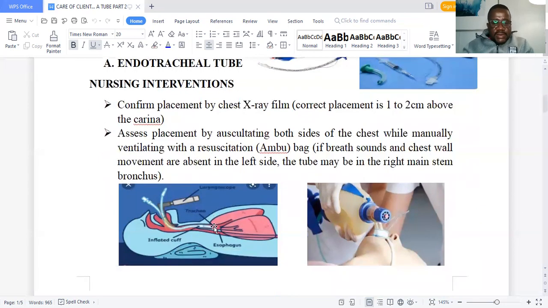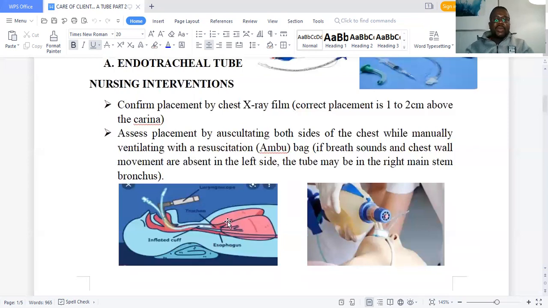Now, this is how it is put in place. You can see from here, this is the laryngoscope, this is the endotracheal tube itself, and you pass it. Now, it has to end just above the point where the trachea divides into the bronchi, okay?